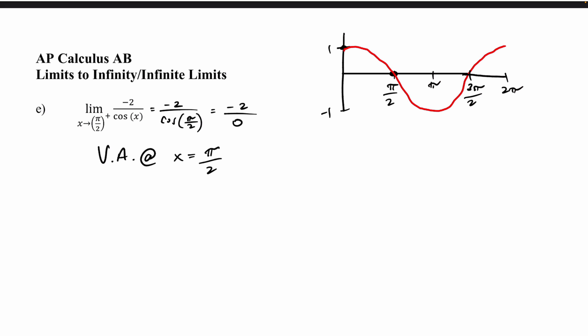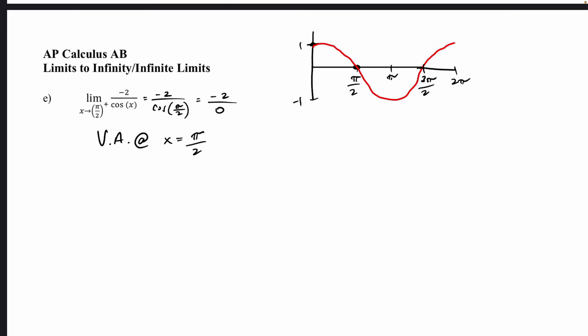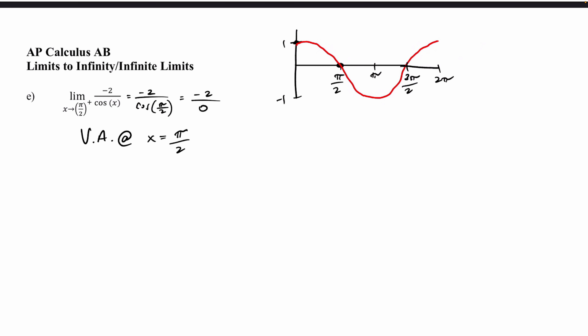So let's draw a picture. Let's draw a picture of what cosine looks like. We're going to draw a picture of what negative 2 divided by cosine looks like. Okay? So let me give me some more room here. All right, so we got positive 1.